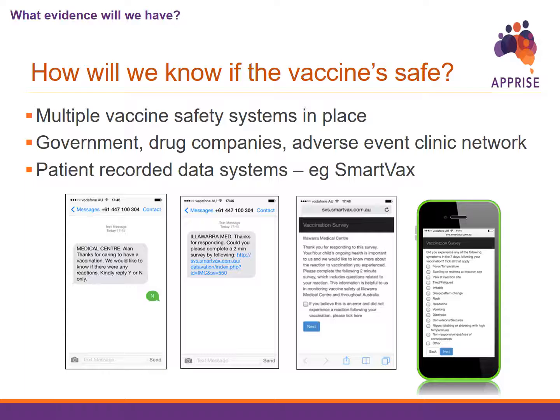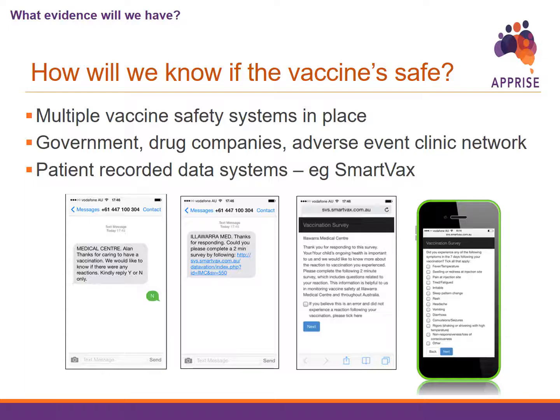Drug companies are also mandated to gather information on adverse side effects of vaccines, and we have clinic networks around the country that are focused on vaccine safety, which record adverse events and regularly discuss these to identify any unexpected vaccine signals. There have also been some game changers in vaccine safety monitoring in recent years, including an app called SmartVax, which has been implemented in a number of GP practices around the country to monitor influenza vaccine safety.